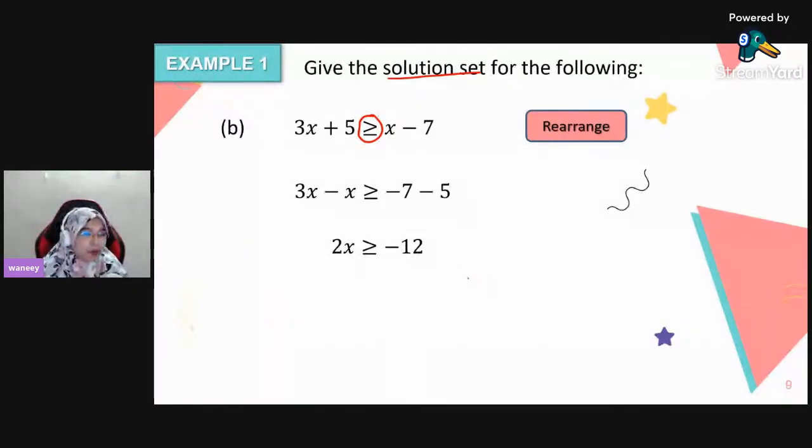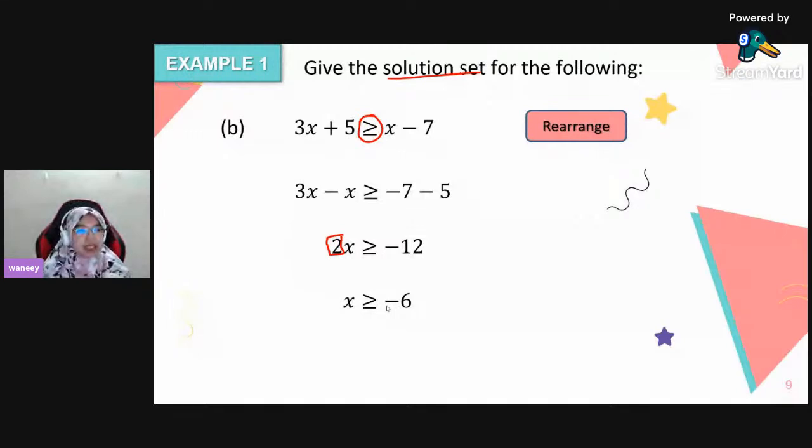If we are taking x as the subject, we need to get rid of this 2, so I have to divide by 2 on both sides. But 2 is a positive number, so I don't have to change the inequality sign. Therefore, x will be greater than or equal to negative 6.